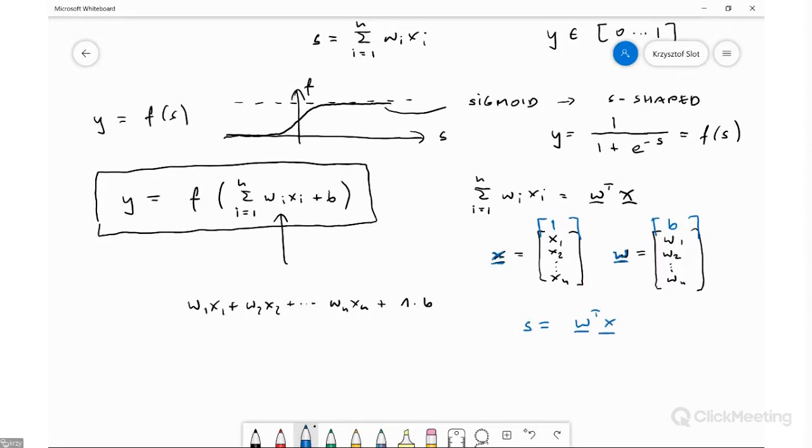So using this simple notational modification, I can say that my neuron is a device that can be defined as some nonlinear transformation f of a dot product between weights, which are in fact a parameter vector, and inputs.